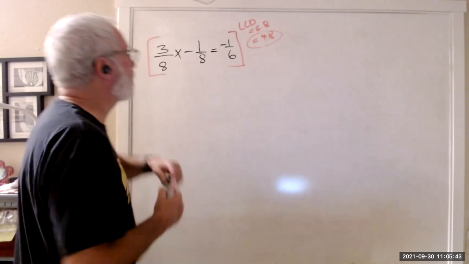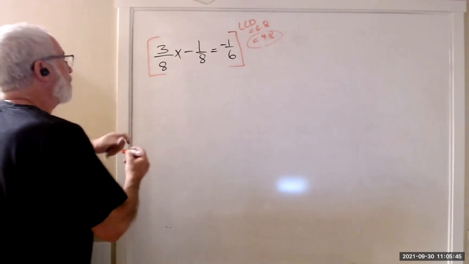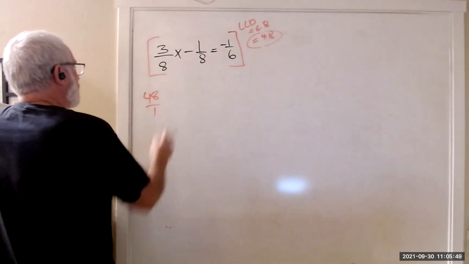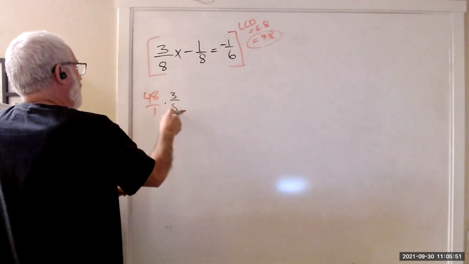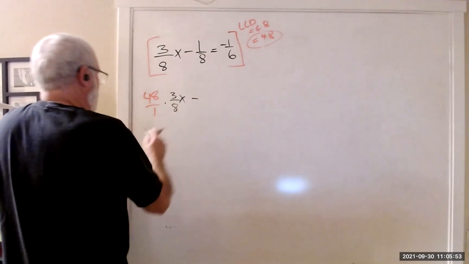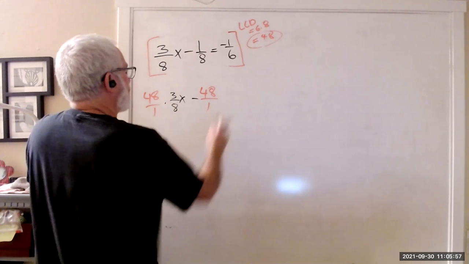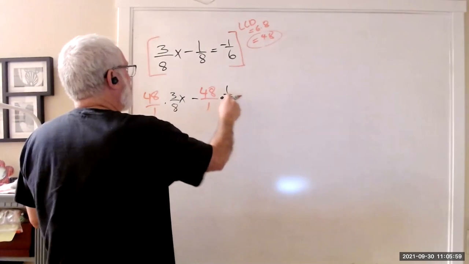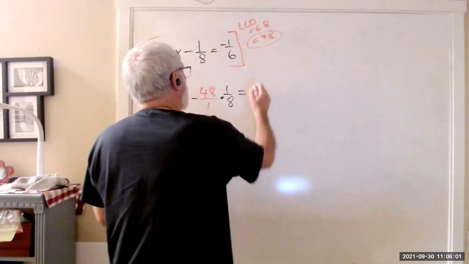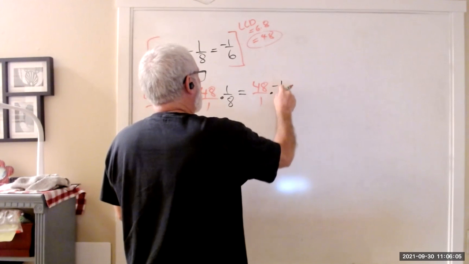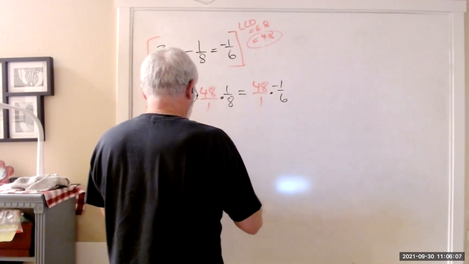Okay, so here we go. We're going to go 48 here. So we're going to have 48 over 1 times 3/8x minus 48 over 1 times 1/8 equals 48 over 1 times -1/6.